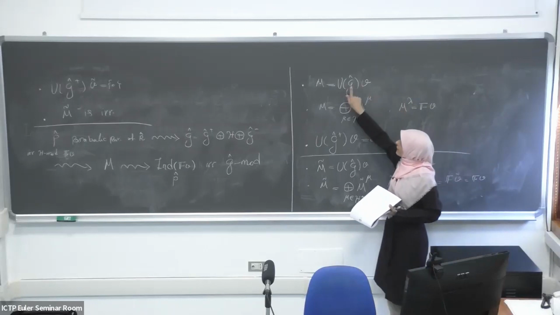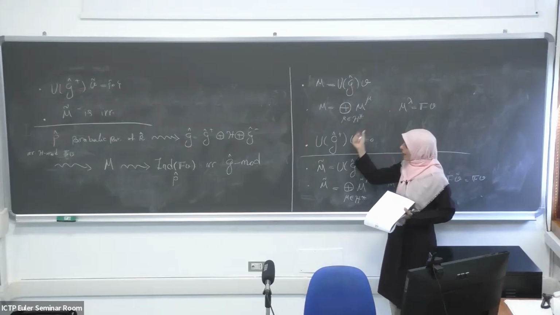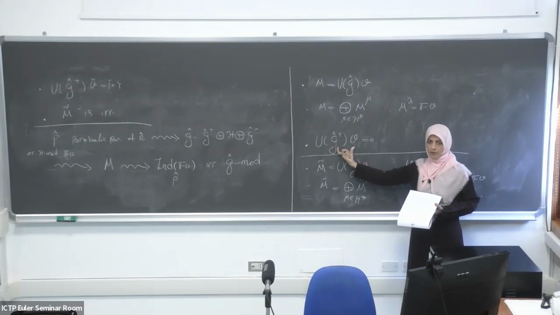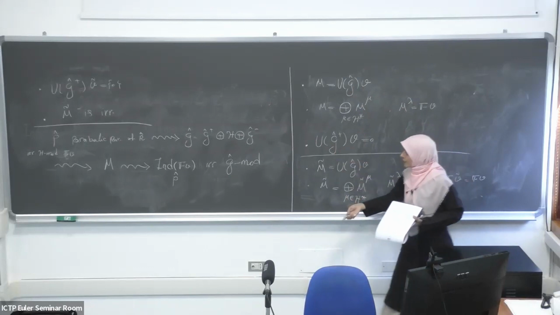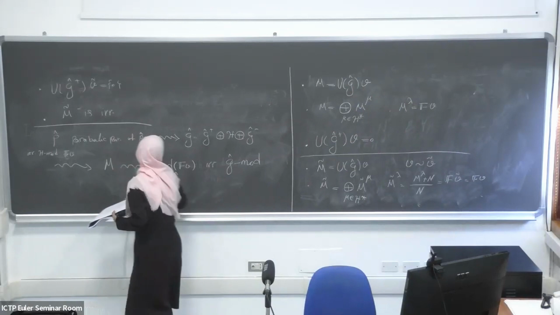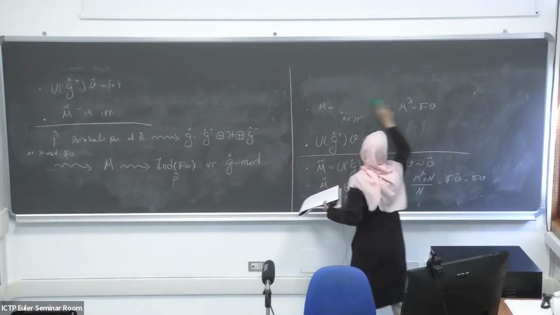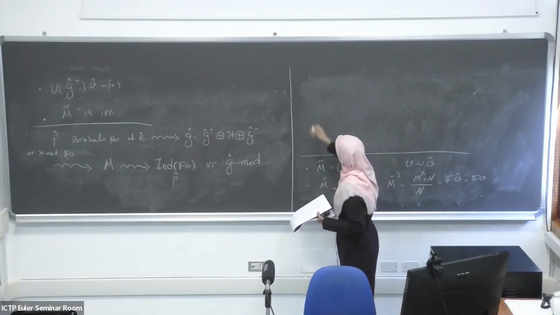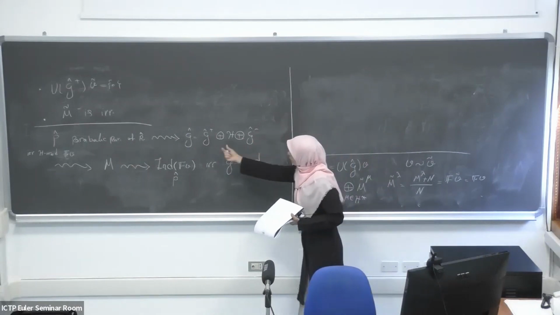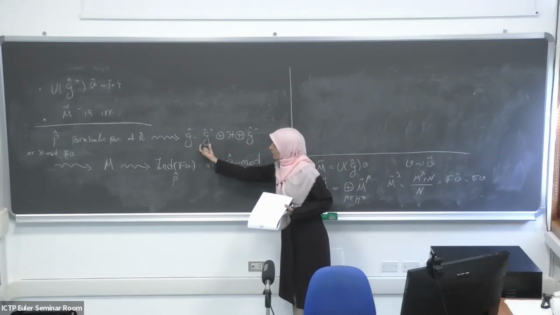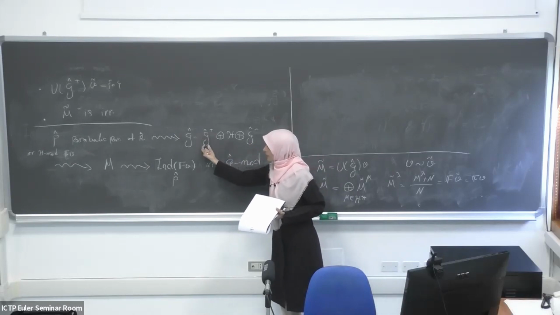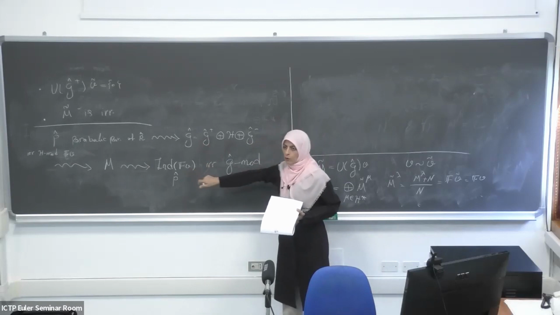It is generated by a weight vector, and when we say highest, it means this: for each element of this part, the module action of this element over this field gives 0.